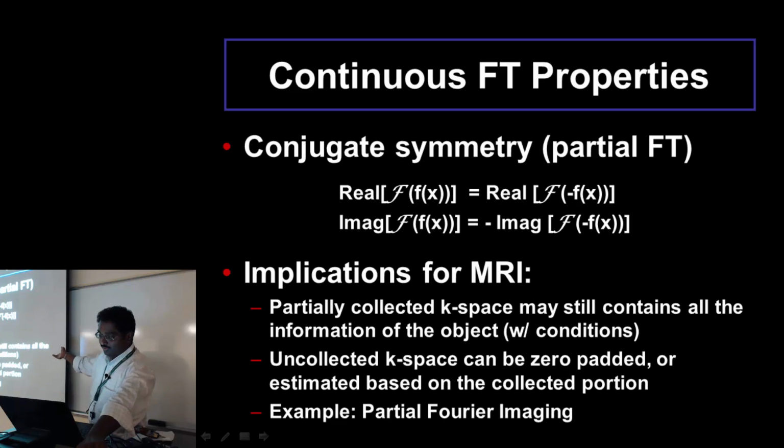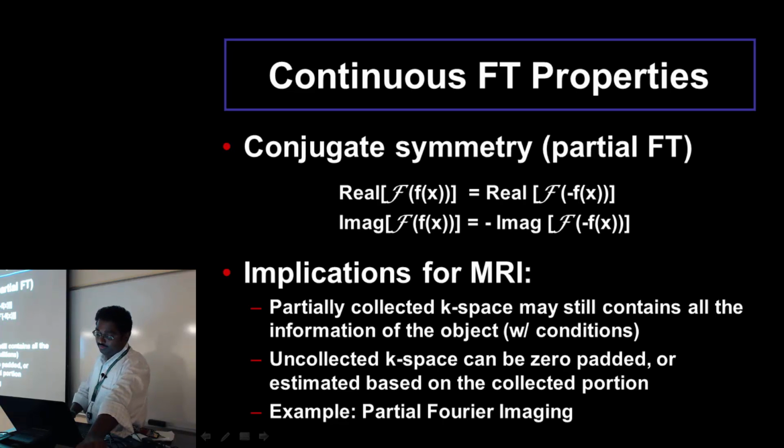Then you can use this symmetry property to collect only half the K-space and reconstruct the rest of the data. That's a property that is quite often used to save time in very fast imaging. HASTE is one example where people acquire just half the K-space, and it's one of the bread and butter sequences for body imaging or for fast imaging, essentially.